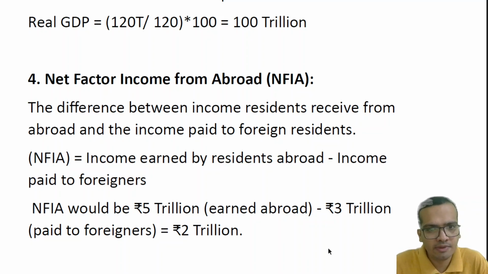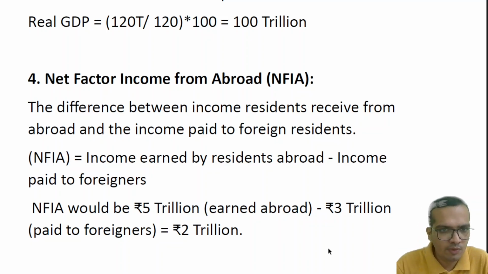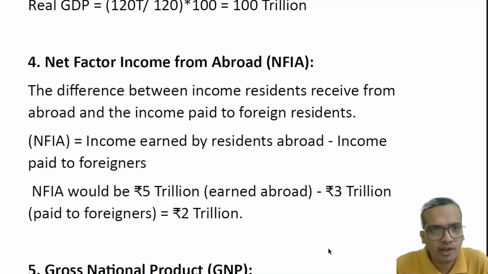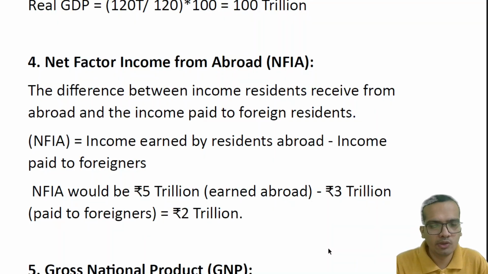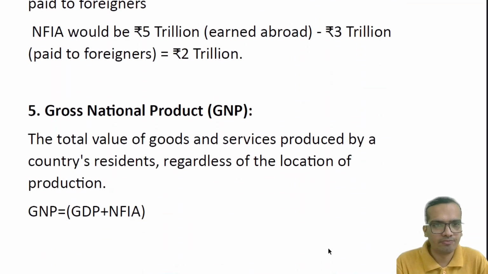It is calculated like above, where NFI would be 5 trillion, that is the income that we have earned by rendering our services or selling our products, less 3 trillion, the money we paid to outsiders, then the net would be 2 trillion in our short example.